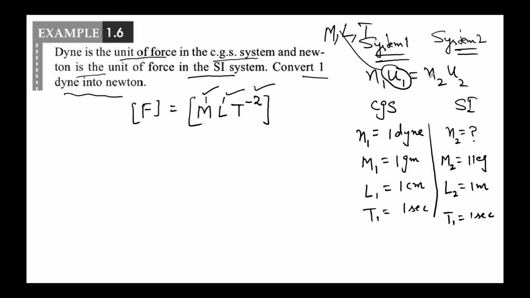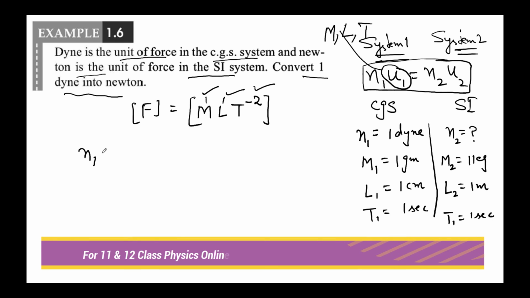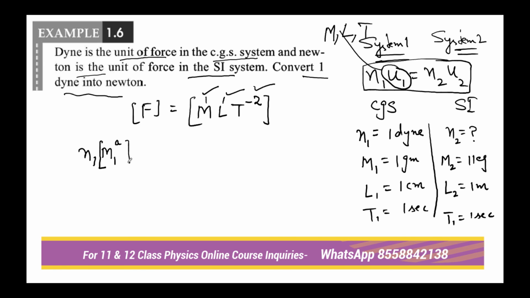So equating the left hand side of one system to the right hand side of the other system, n1 u1, where u1 depends upon M1 raised to A into L1 raised to B into T1 raised to C. What are the values of A, B and C?